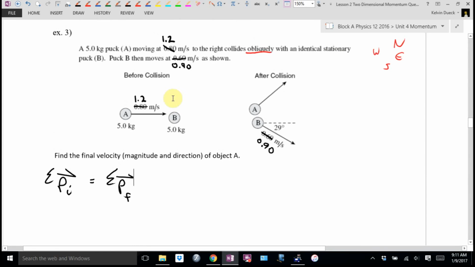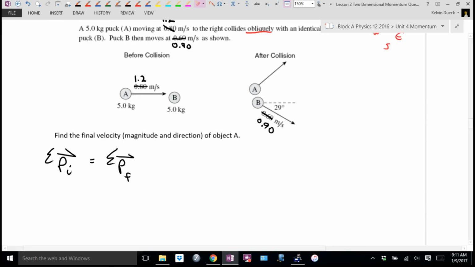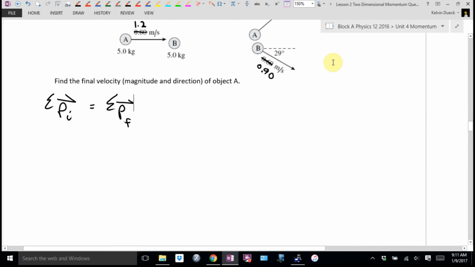And by the way, what word is right here? Stationary? Yeah, okay. So don't take this wrong. That's a sloppy mistake we can't make. We do have to be able to translate the question carefully. So I'm going to ask you again, before the collision, what's moving? Puck A, puck B, both or neither? Puck A. So I'm going to write momentum of A initial.